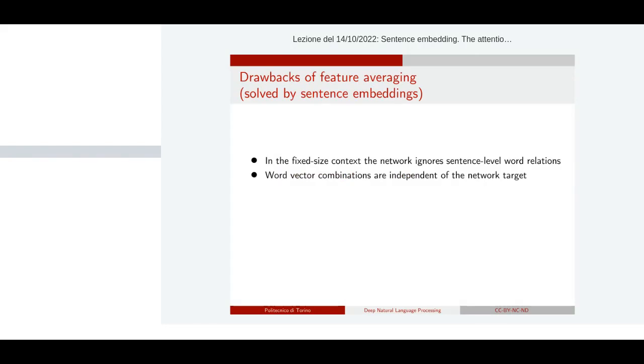What are the drawbacks of doing feature averaging? The main problem is that when you train the word level model, you look at each word separately. You have the word and the contextual window, which, according to the distributional hypothesis, tells you which words are potentially related to the target word. But of course, you miss the sentence-word relation.